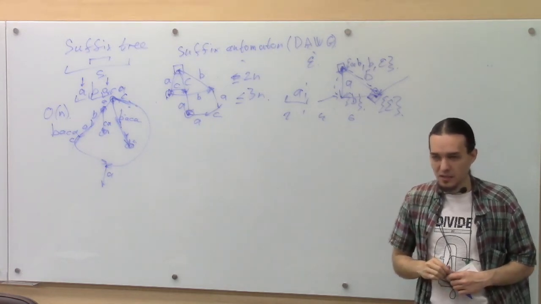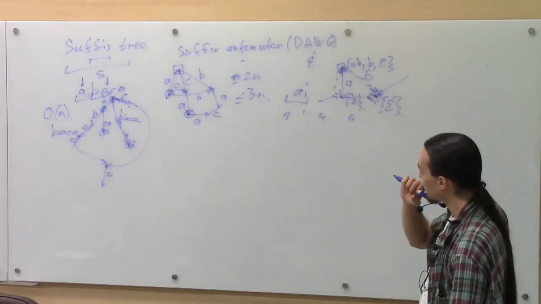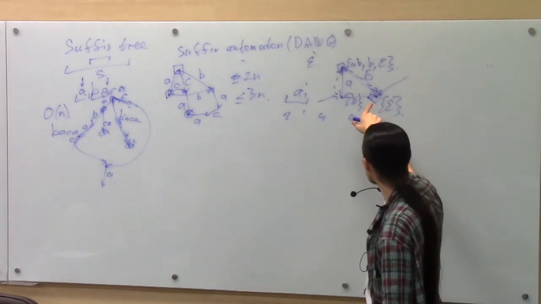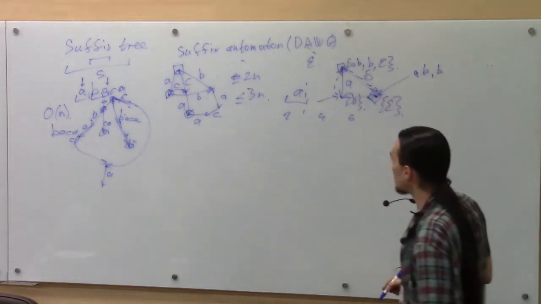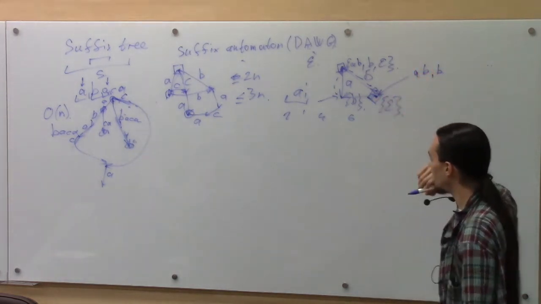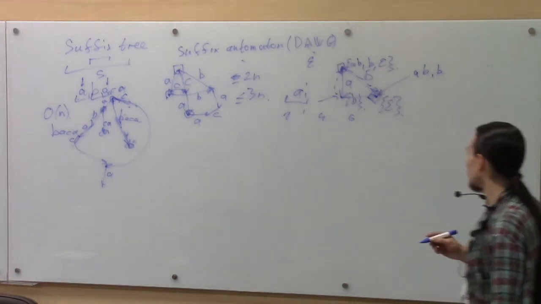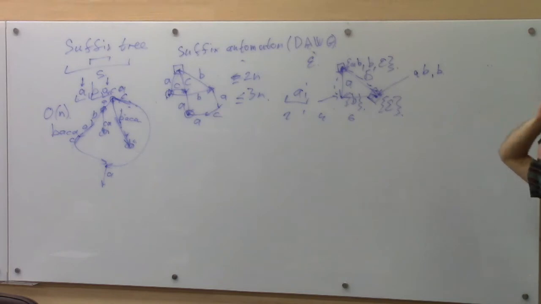The thing is, sometimes it could happen that, let me think how that goes. So we have strings A, B, and B here after two letters. Let's try, well, we're not going to rebuild the whole automaton, but we are going to try and add letter B and see what happens.